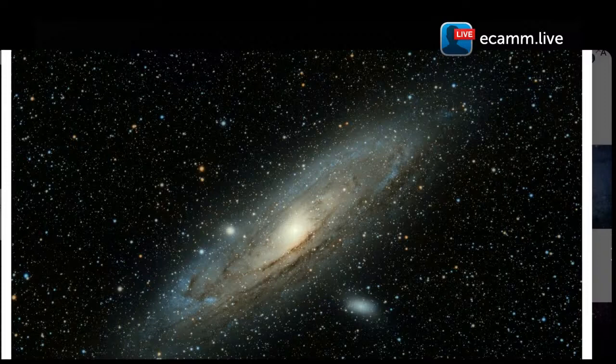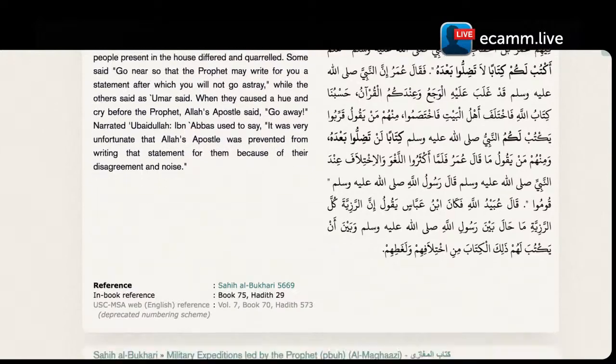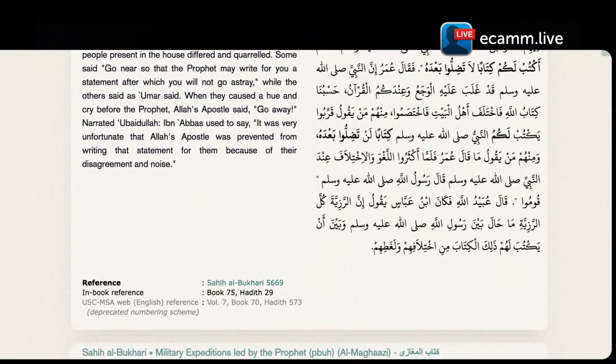You should zoom for us to see the hadith. Yeah, this is the thing I'm trying to find out, what I can do about it. There is supposedly an option to zoom in, but it's not showing. I don't know why. Maybe I can zoom in the page itself.